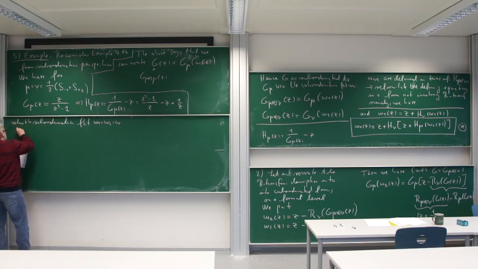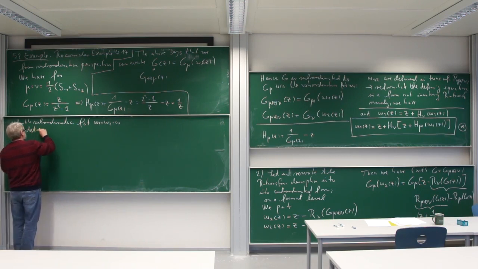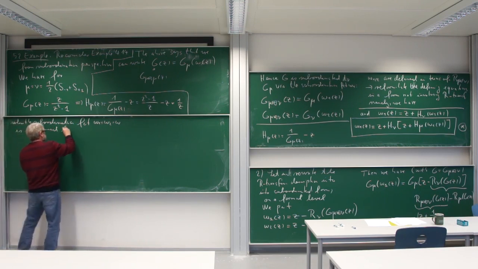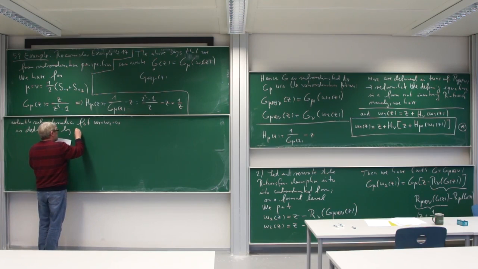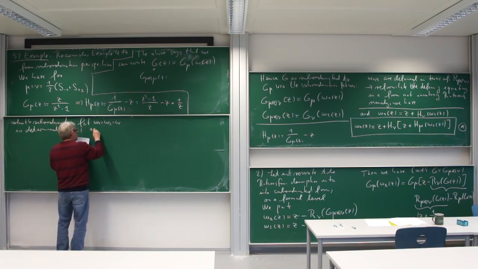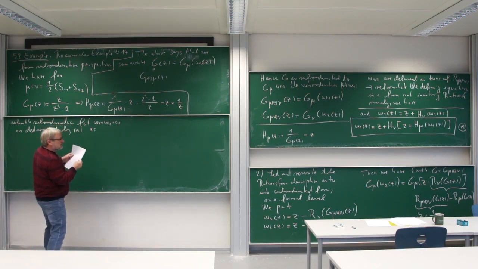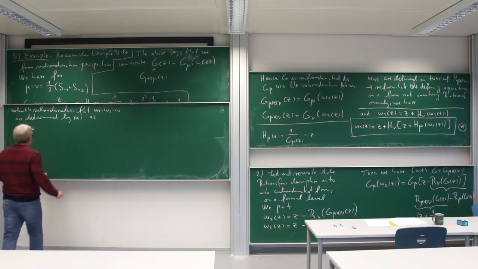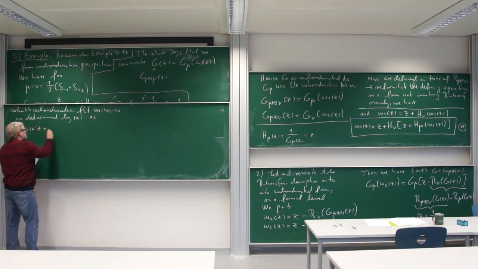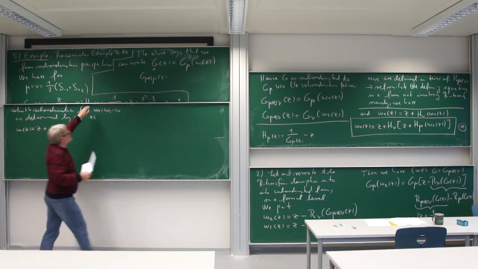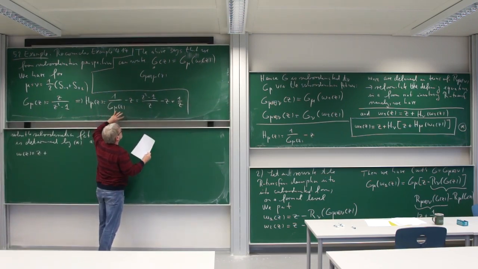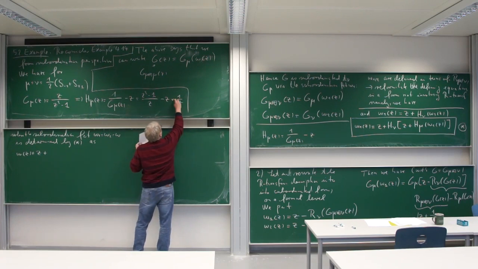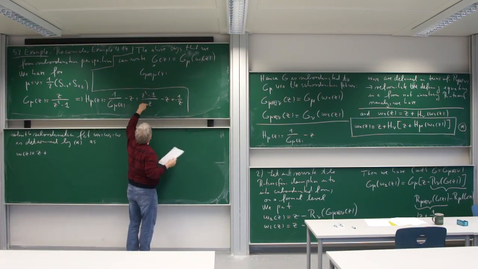This is determined by this equation star as follows. So let us write down this equation now in our case. So what does it say? It says omega of Z is equal to Z, and I should take the H transform. But H is just, I have forgotten here a minus sign, Z minus 1 over Z.